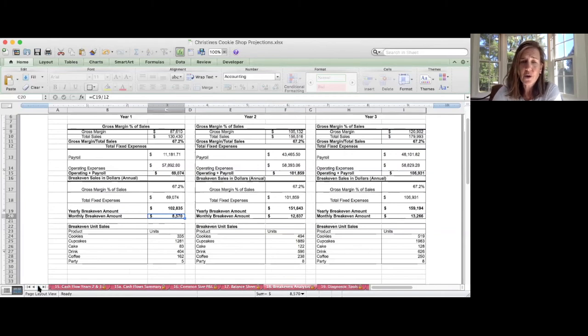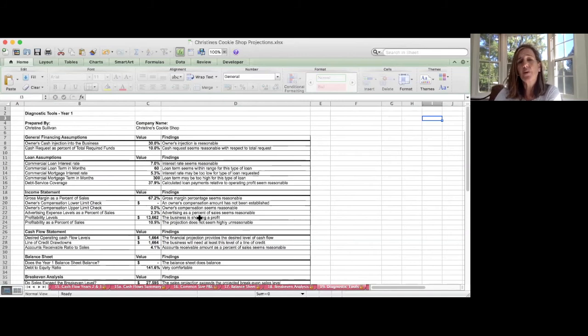There are a couple of other tools that we use when we're looking for financing. If you were to go to a bank or look for an investor, this Diagnostic Tools page can be helpful because it looks at the model that we've created and compares it to other things out there in the world. If I'm looking for a bank loan, for instance, the banks will want to make sure that the owner has some cash invested, some skin in the game, as they say.